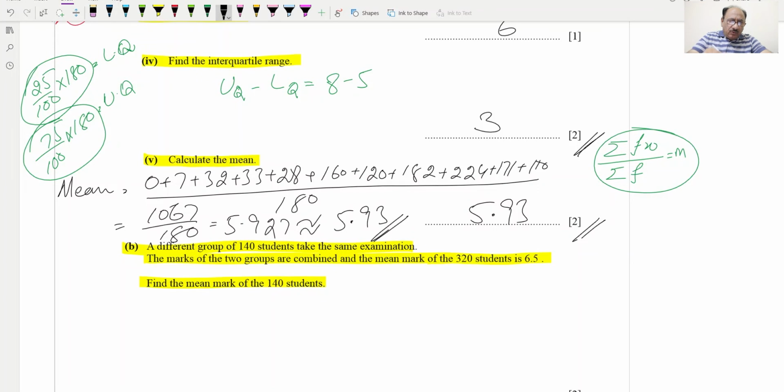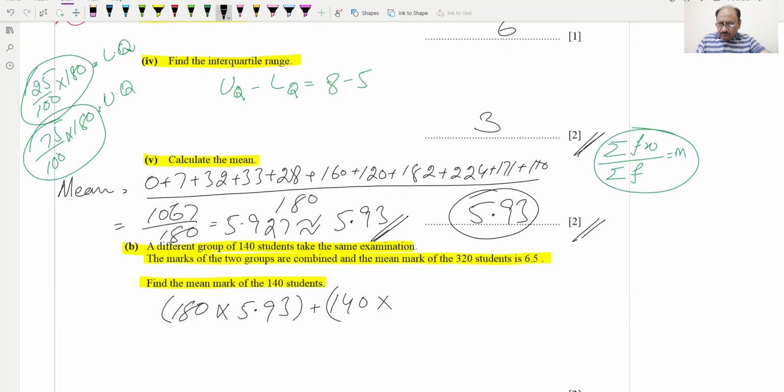We know that 180 students have a mean of 5.93, so we multiply by 5.93, plus the 140 students have a mean which we don't know, so we write x for that, divided by the total students, 180 plus 140. So this will be our equation, and this is equal to 6.5, which they have given.